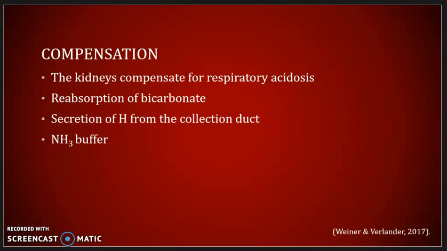So respiratory acidosis can be compensated. In compensated respiratory acidosis, although the pressure of CO2 is high, the pH is still within its normal range. This is because the kidneys are compensating for the changes due to the excess CO2 that we see in the blood flow.